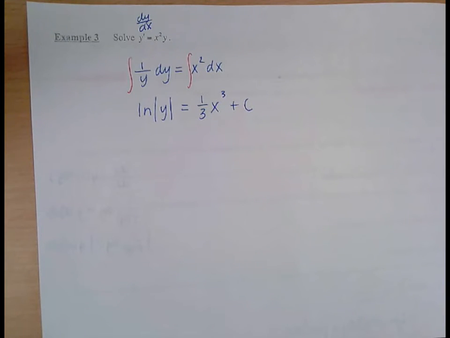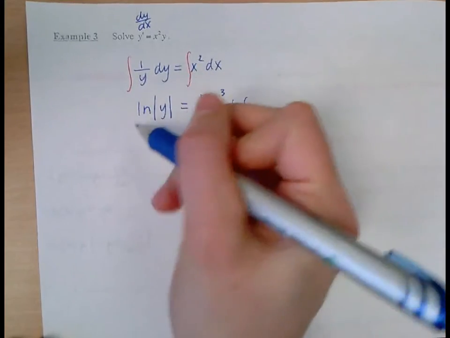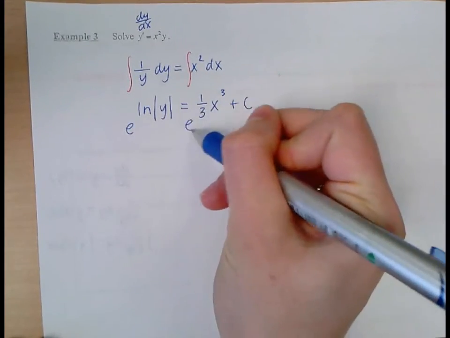Can you solve this one for y? You can, even with the absolute value there. To get rid of natural log, we would raise both sides as powers of e.